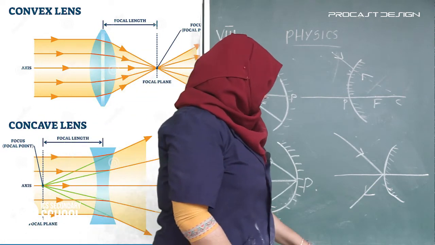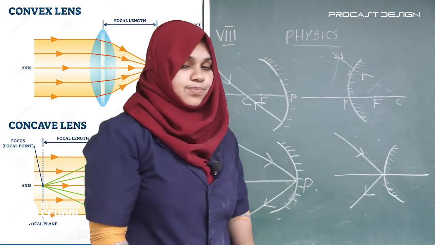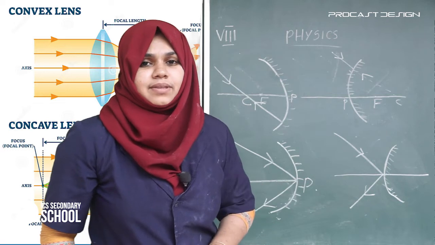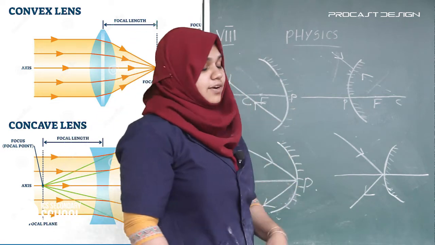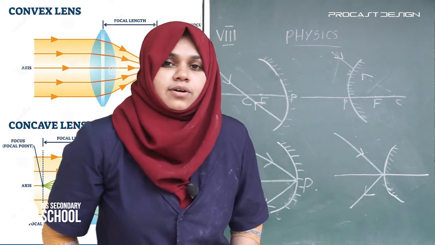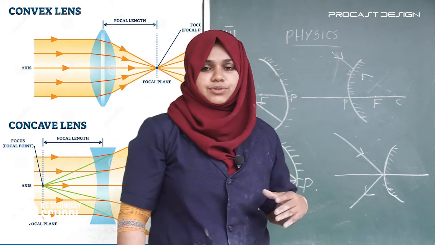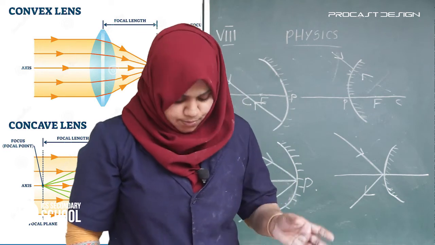This is the figure. All of you complete this figure in your textbook. You must know how to draw this figure. If the ray is incident through C or F, how can the reflected ray be drawn? All of you must know how to draw that. Complete that in your textbook.